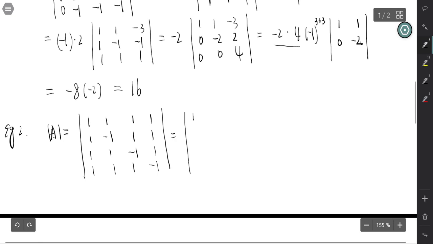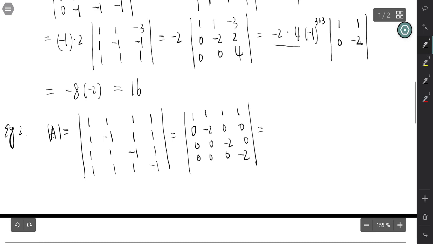First, we subtract the first row from each row. 0, -2, 0, 0, 0, 0, -2, 0, 0, 0, 0, -2.